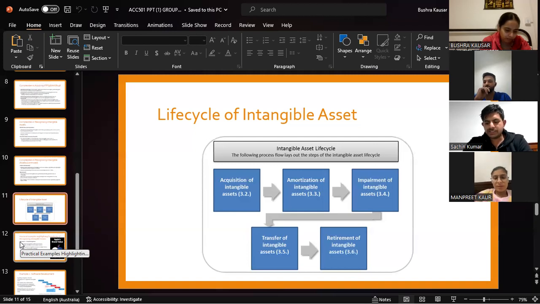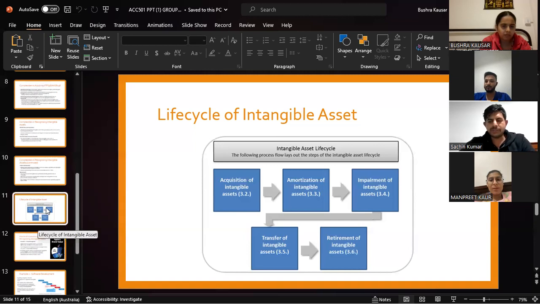This brand has been a significant contributor to its market success, influencing customers' purchase decisions and allowing Apple to charge premium prices. However, quantifying the value of brand recognition poses a considerable challenge. It comprises various factors, including brand loyalty, premium price, and potential future revenue. After me, the next is Manpreet, who will tell you all about the slides.